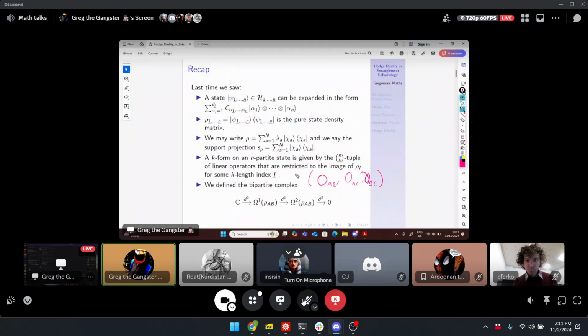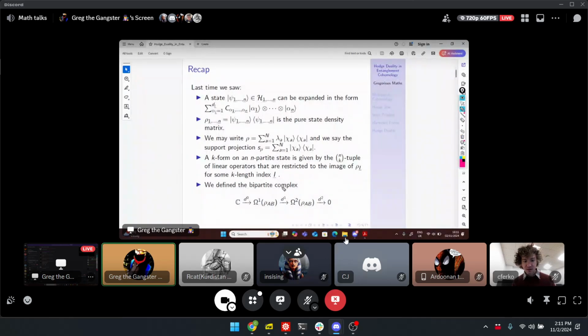And we also want to restrict them to the image of this pure state density matrix. And the way we do that is by acting on the left and the right by the support projections. So it'll be like S_AB here and then S_AC and so on and so forth.